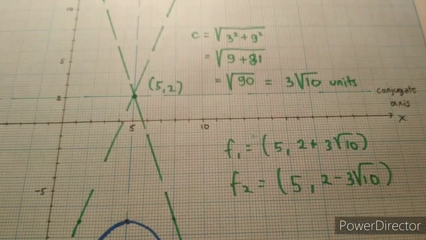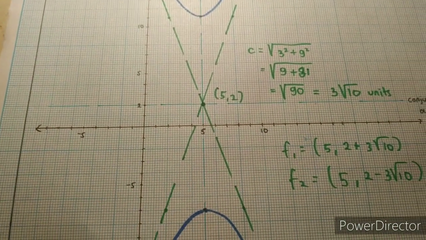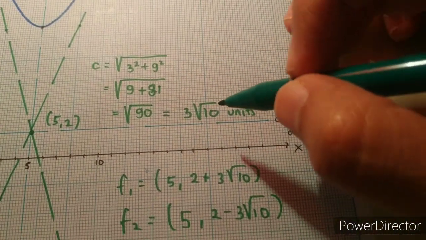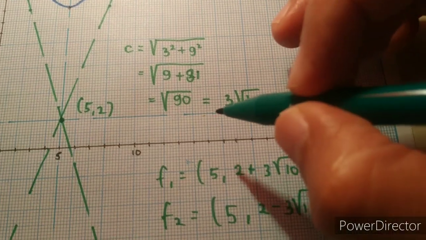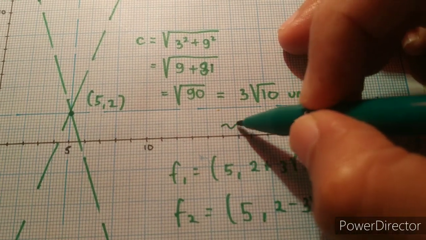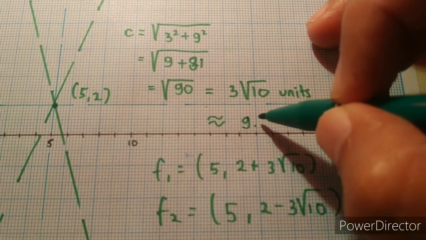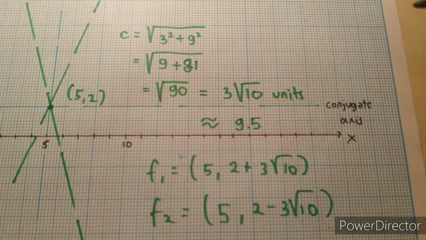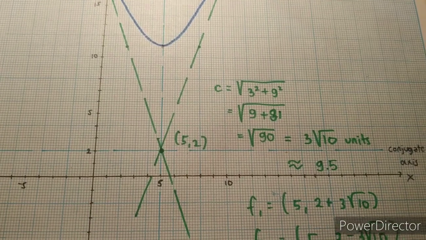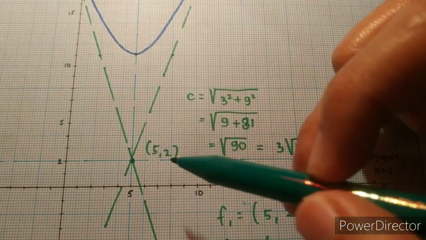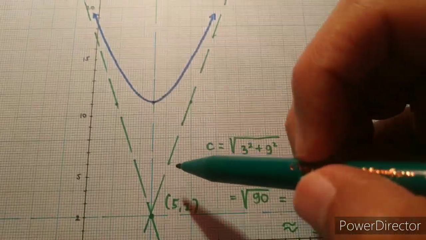And since we need to plot it, we need to find the approximate value of 3 times square root of 10. If you use your calculator, it will approximate close to 9.5 units. So to plot the foci, first you go up from the center 9.5 units.